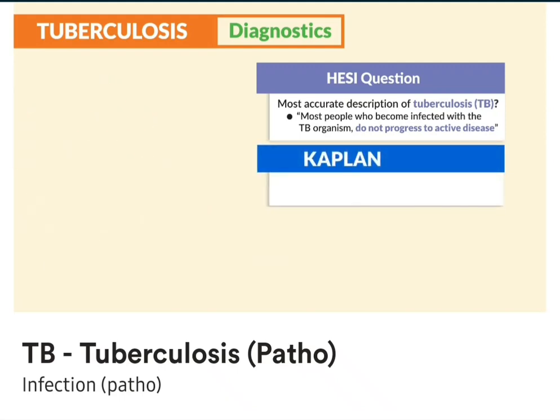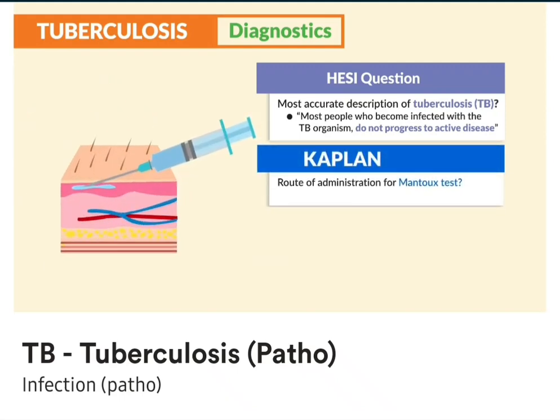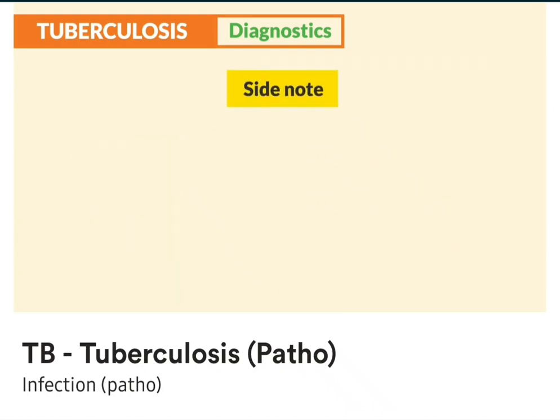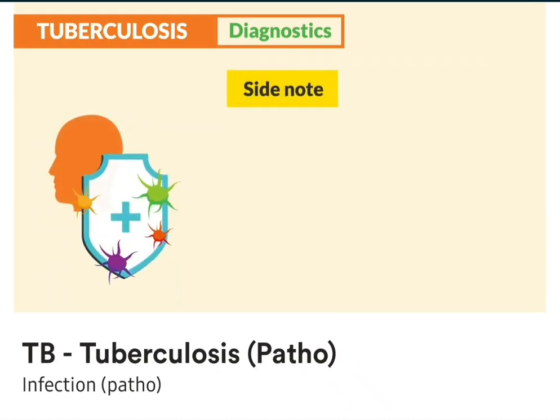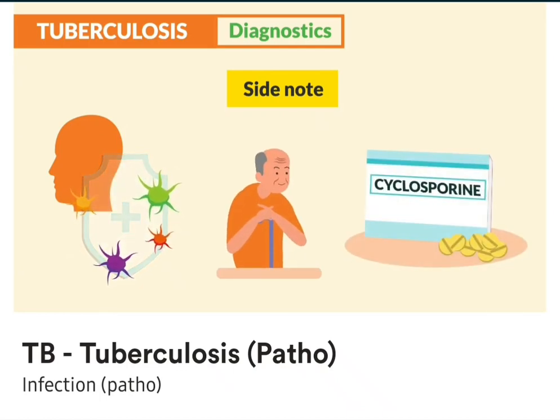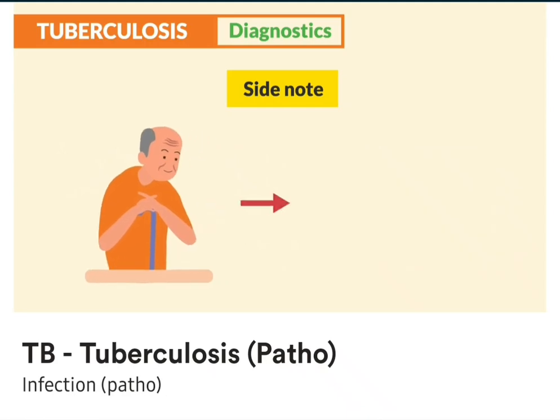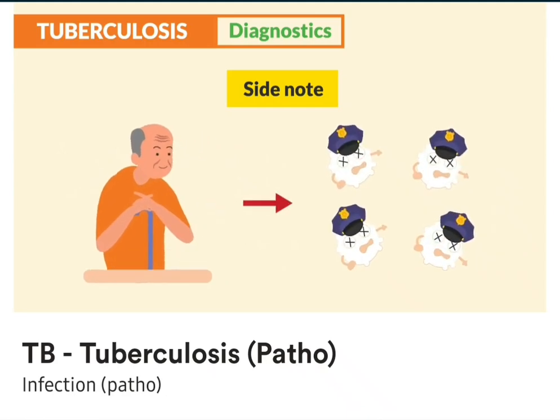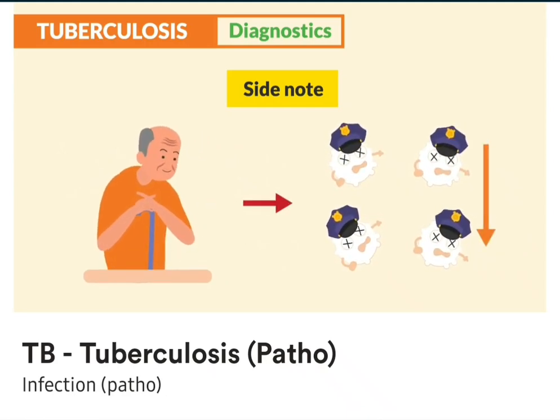And Kaplan mentions the route of administration for a Mantoux test is intradermal. Now, a little side note, as mentioned before, clients who have a low immune system, like the elderly or even those on immunosuppressants or immunocompromised, will lack the immune response, typically showing a very small induration.